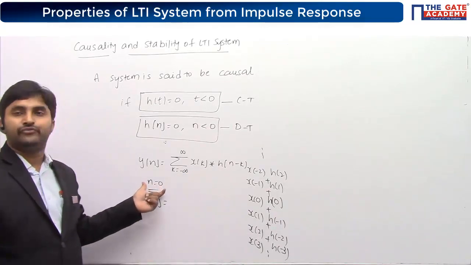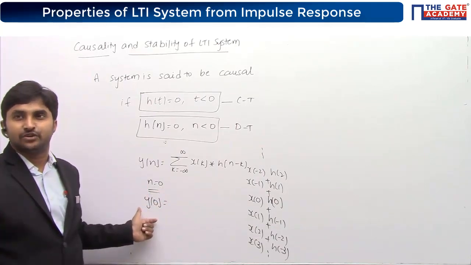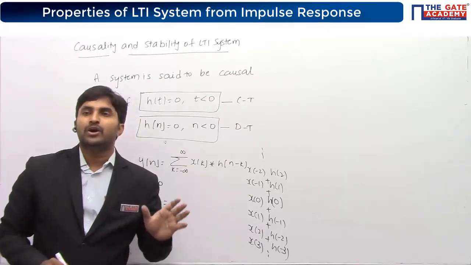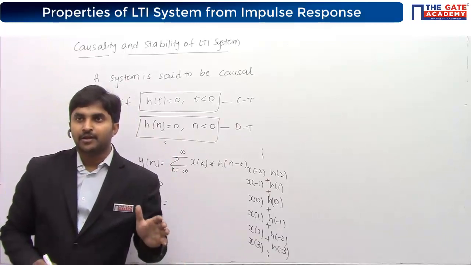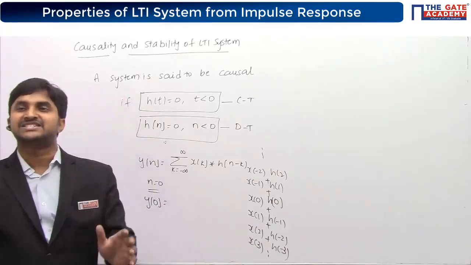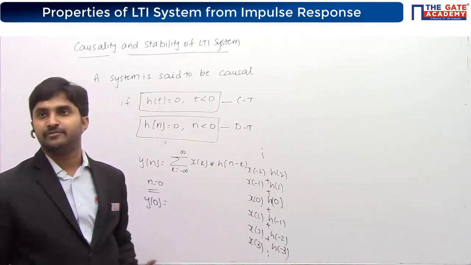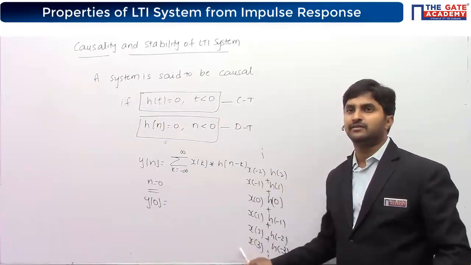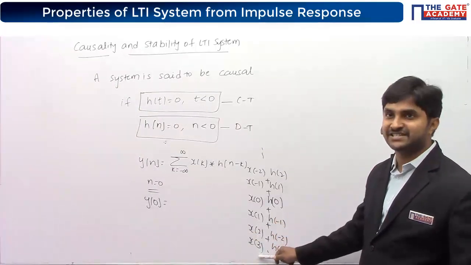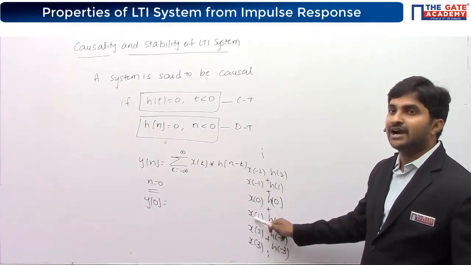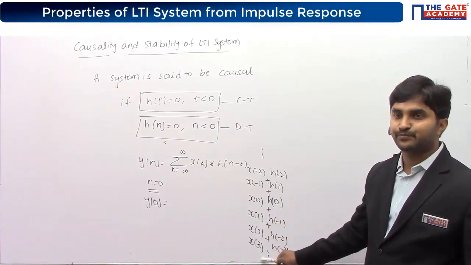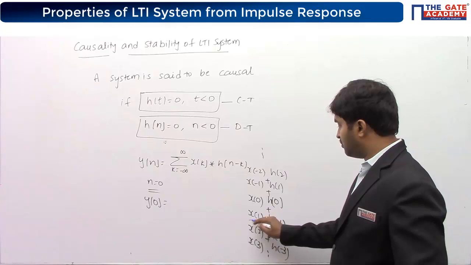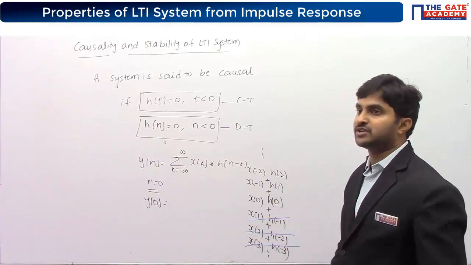Now I have considered the instant y of 0. Please tell me, for a causal system, what is not allowed? Can the system depend upon x of 1, x of 2, x of 3? No, because these are future instants, and the system cannot depend upon the future instants.